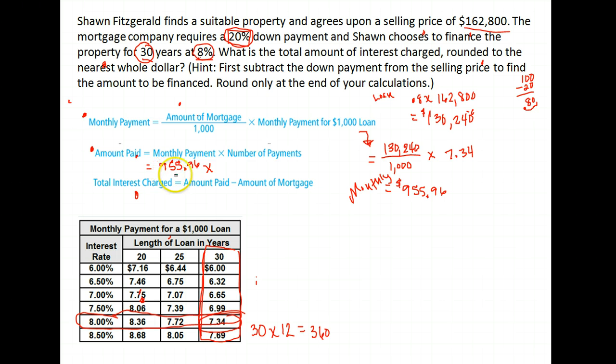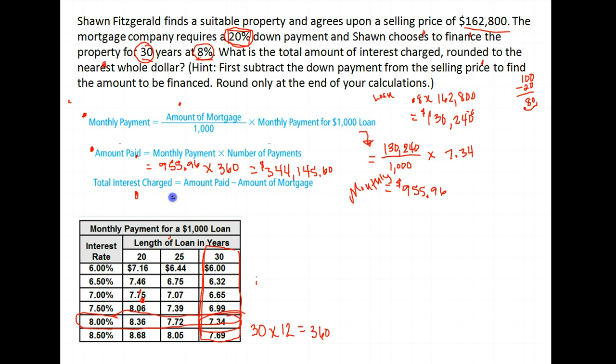So he's making payments of $955.96, and he's making 360 of those payments. Okay, when we do that, we get $344,145.60. That's how much total he's going to pay over the life of the loan.